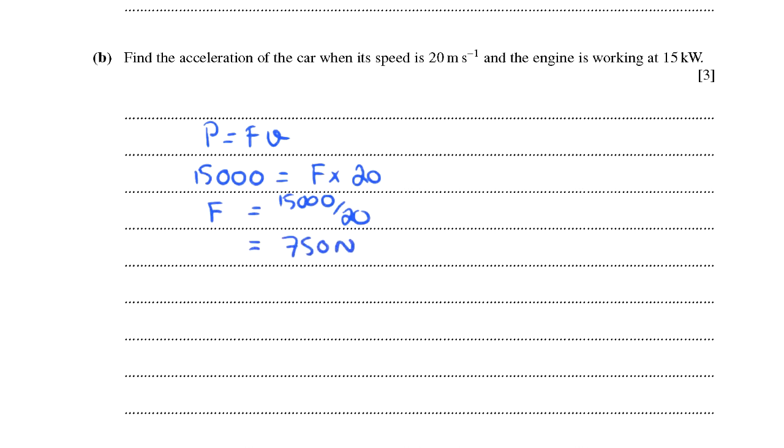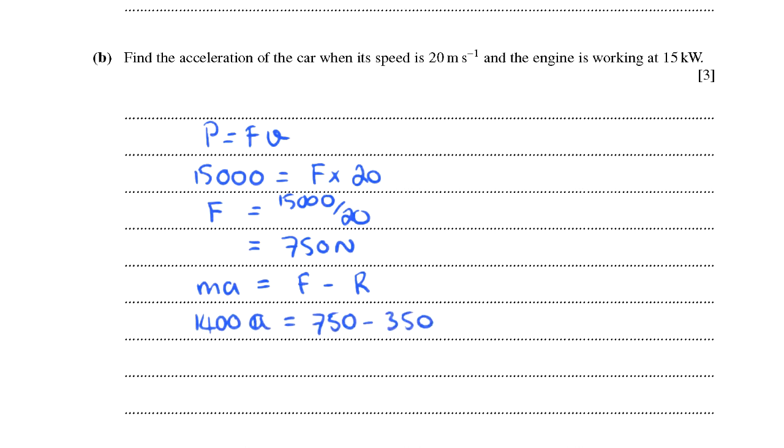The resultant force is mass times acceleration, and that's going to equal the forward force, which is what we just worked out, minus the resistance. The mass of the car is 1,400 kilograms multiplied by the acceleration is equal to the driving force minus the resistance.